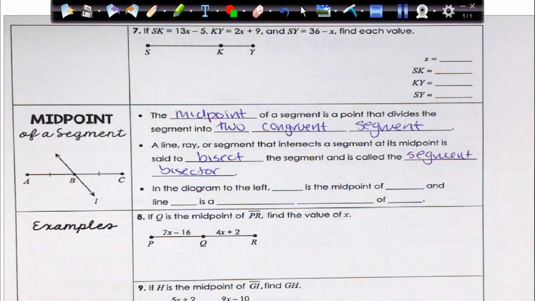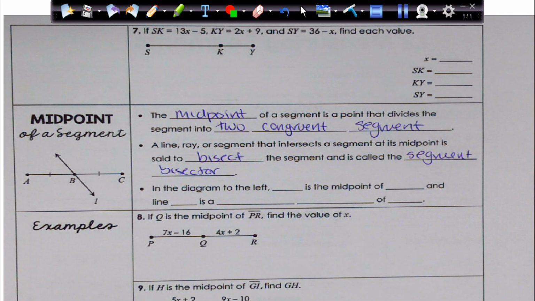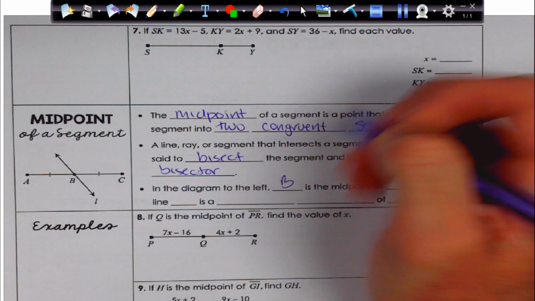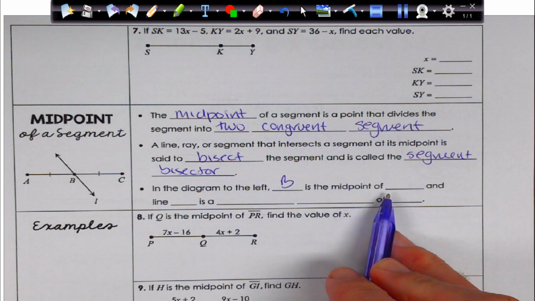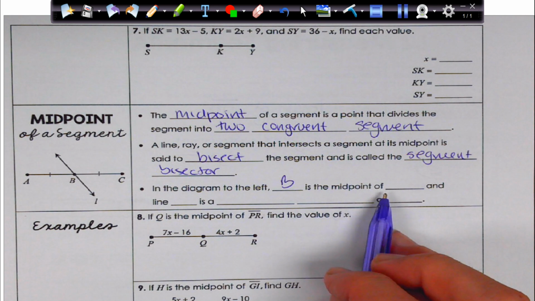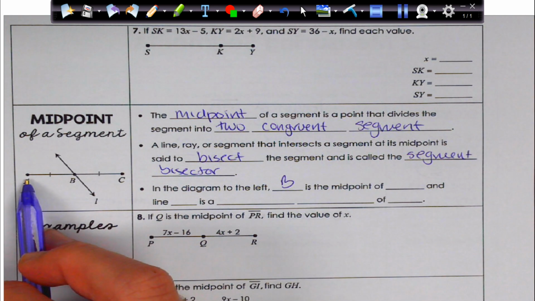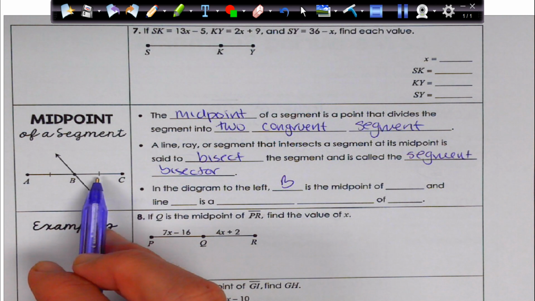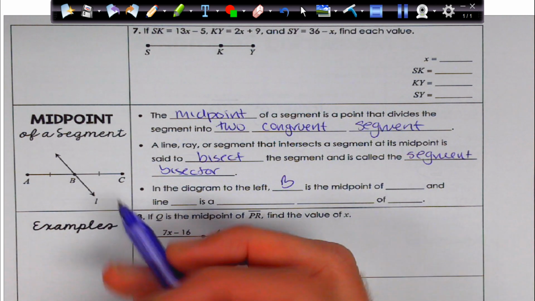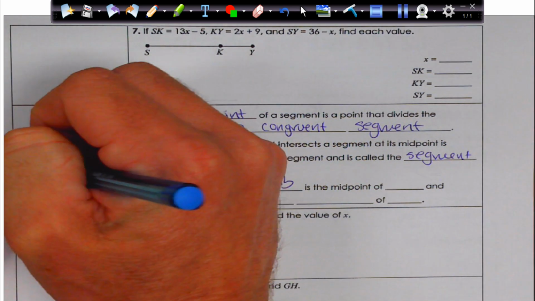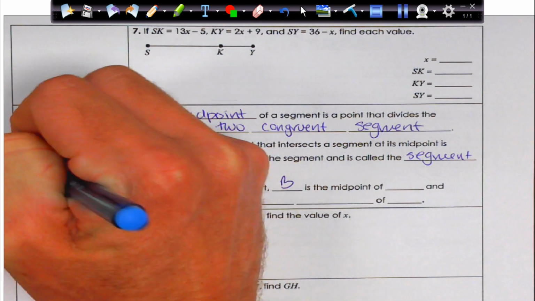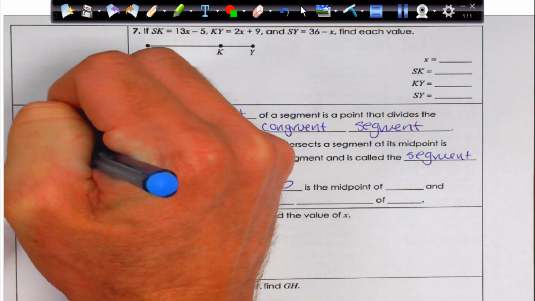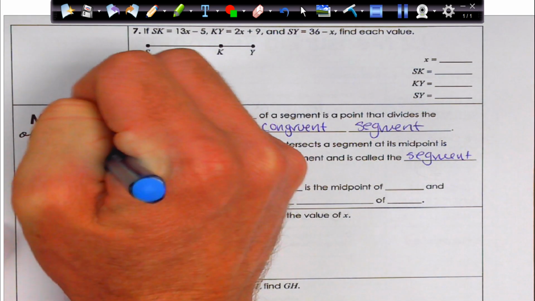Okay, and then it says in the diagram to the left we have B is the midpoint of, so what's the midpoint of? Well, notice that we see AC. This is what we call a congruency mark. Okay, it means congruent. So let's go ahead and identify that real quick. That's a congruency mark. It means congruent.